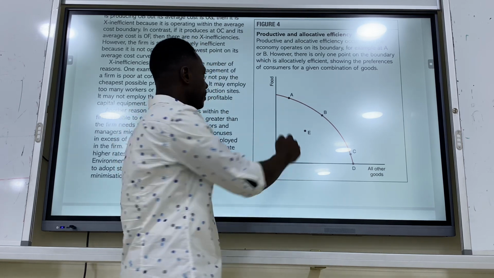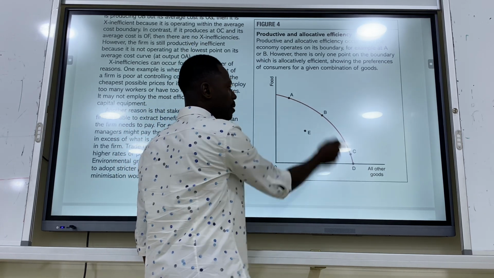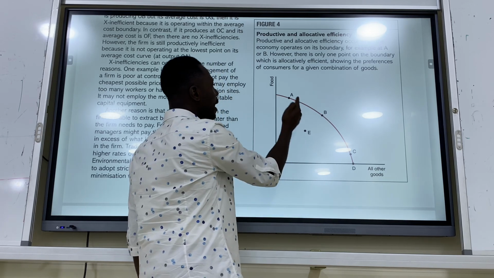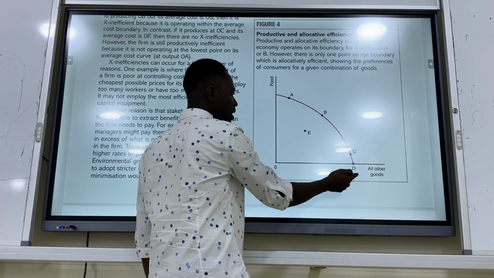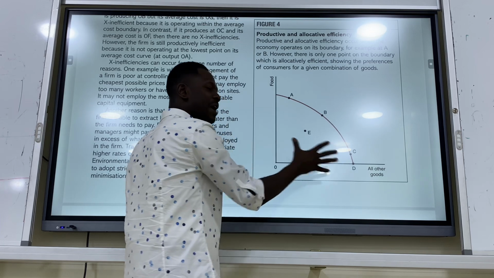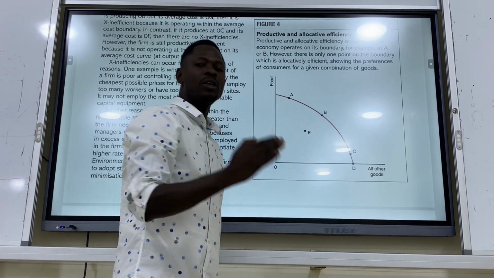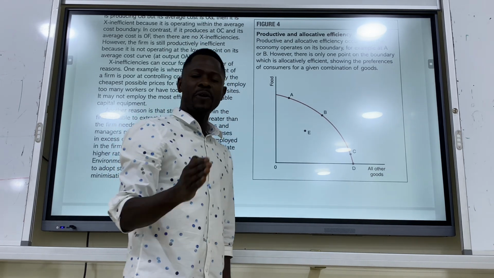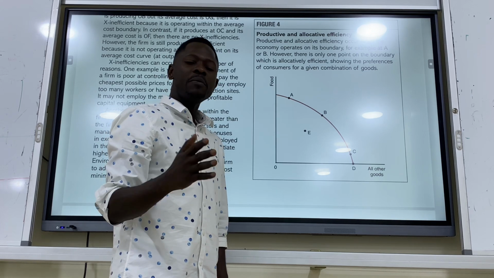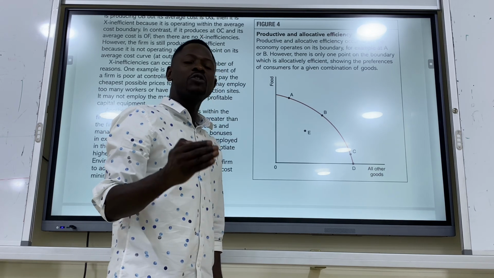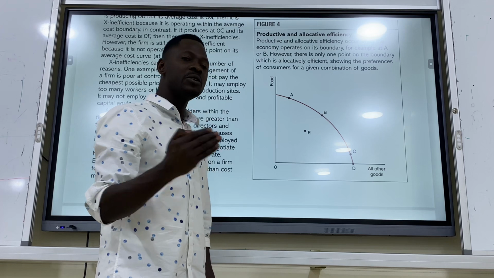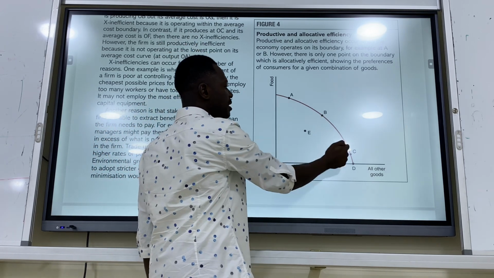A, B, C, D are on the boundary of the PPF. So any point at A, B, C, or D will give us productive efficiency, either by the firm or the economy. The economy or the firm will be said to be productive efficient if it is producing on the boundary A, B, C, or D.